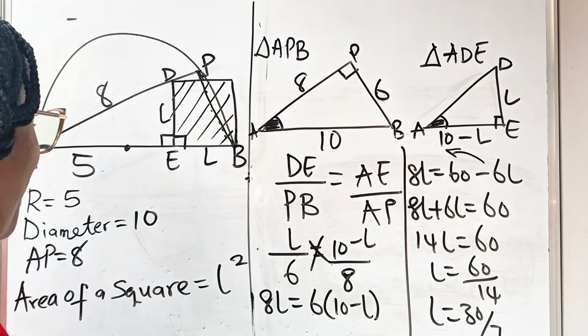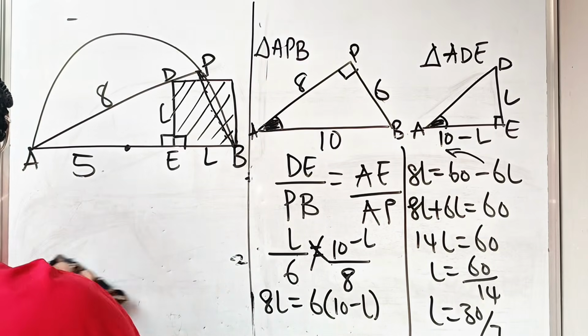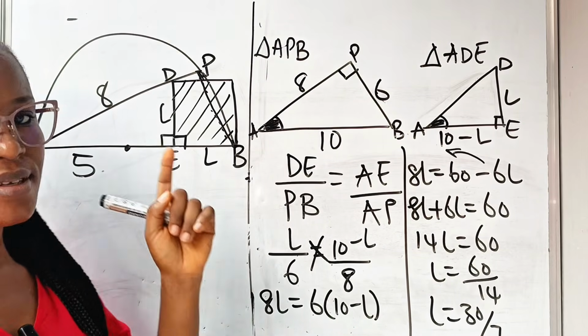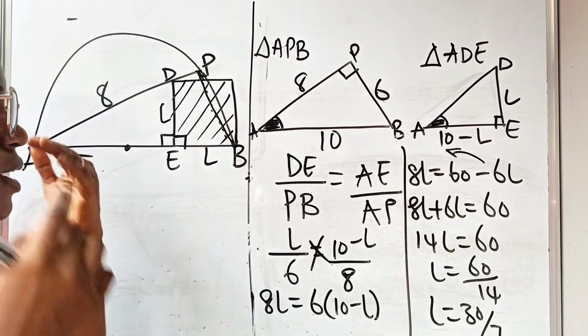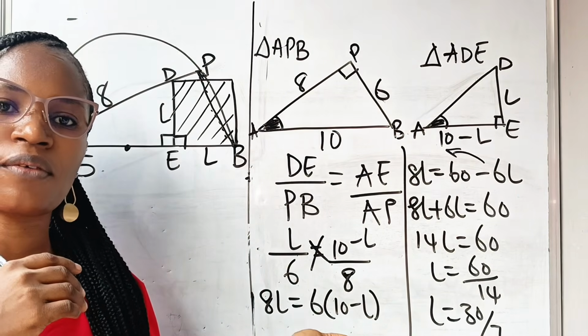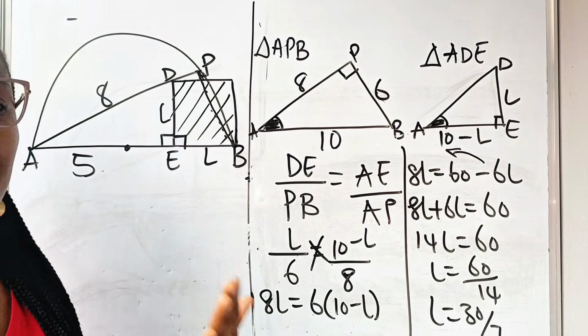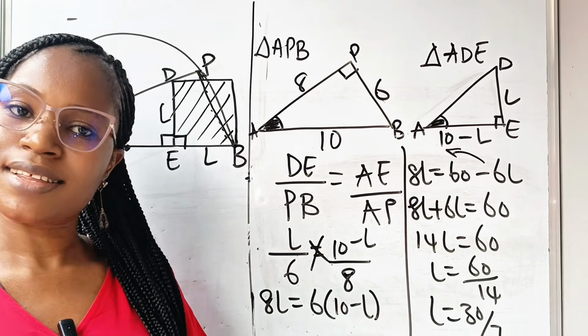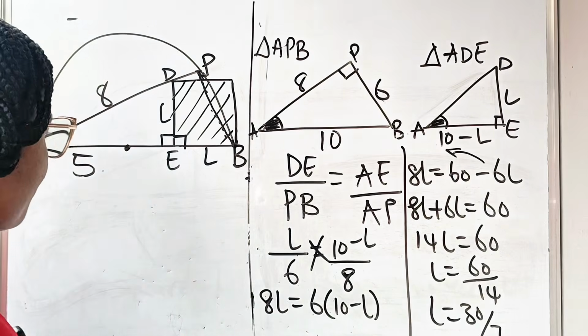Now, are you trying to tell me that we have found the area of the square? Yeah, we have. Because the only obstacle between us finding the area of the square is just the length. And now we have a figure as our length, then we are done, right?